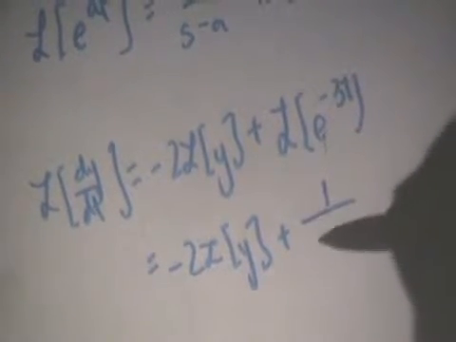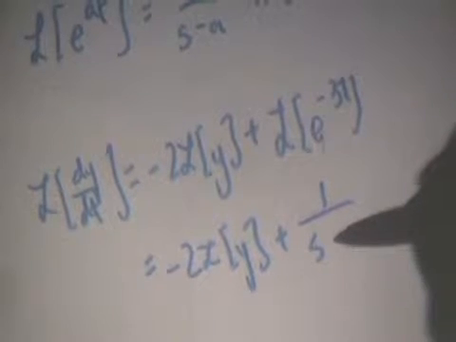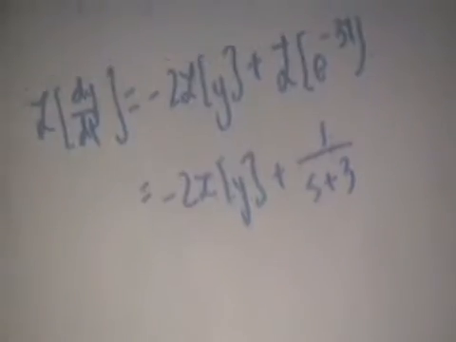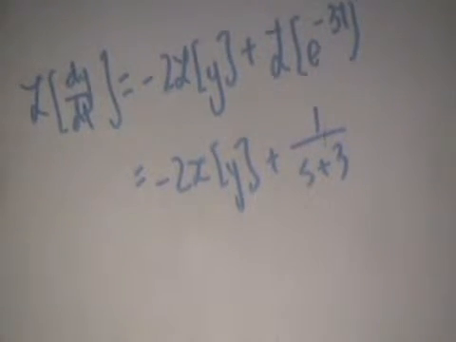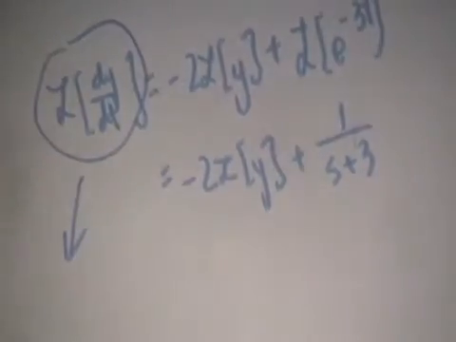So we're going to get 1 over s minus negative 3, which is really 1 over s plus 3, can be substituted in there. I mentioned that this thing here can be simplified too. And here's the result. It can be simplified to be in terms of a Laplace transform of y. The result is that it's s times the Laplace transform of y minus y of 0.